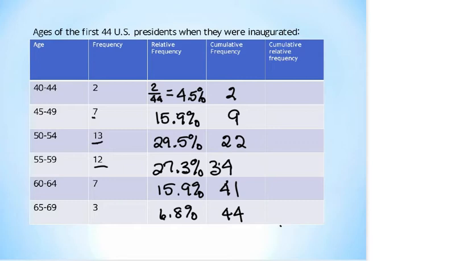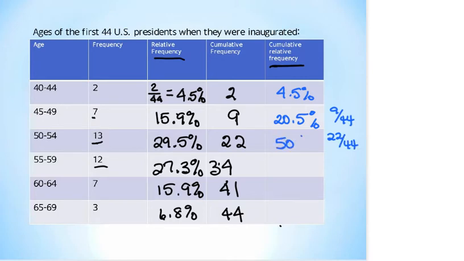Now, the same thing can be done with the relative frequency. So in order to find the cumulative relative frequency, we are going to take the 4.5% and we're going to add it to 15.9%. So we get 20.5. The other way you can do this is by doing 9 over 44. And then you could see 22 over 44, which is 50% for those of you who are not paying attention. 34 over 44 would be 77.3%. 41 over 44 is 93.2%.